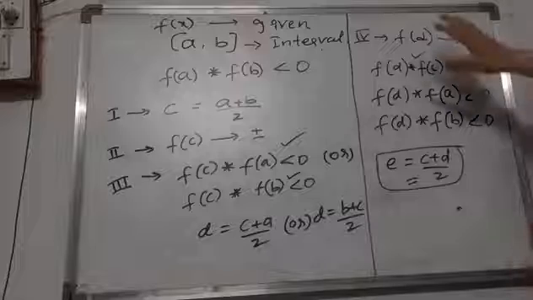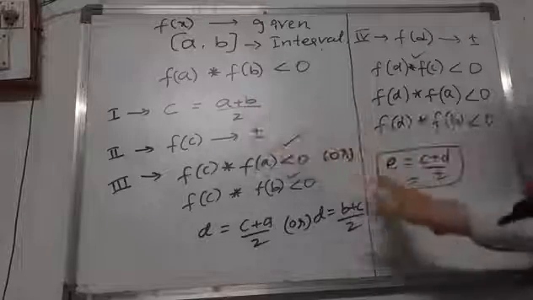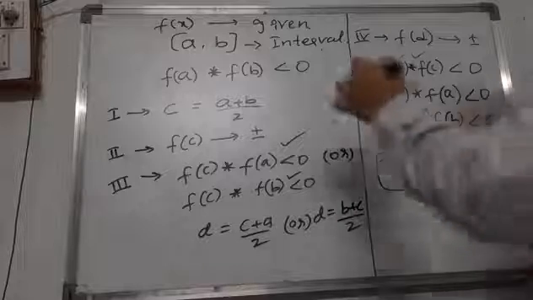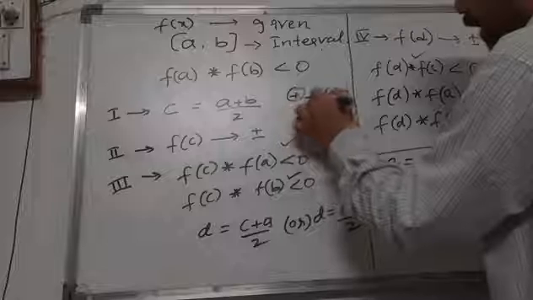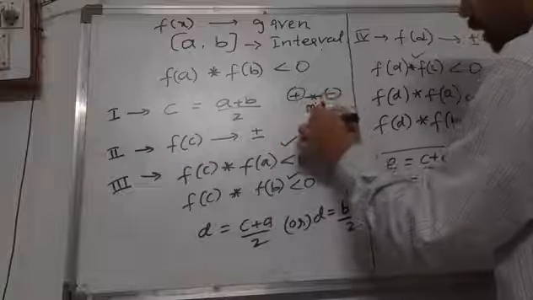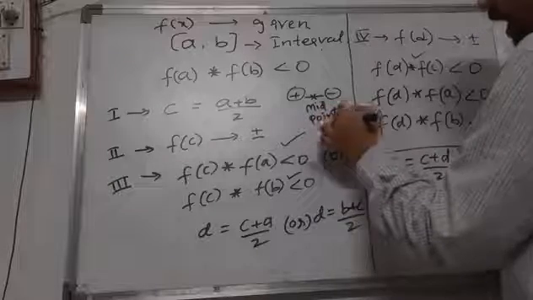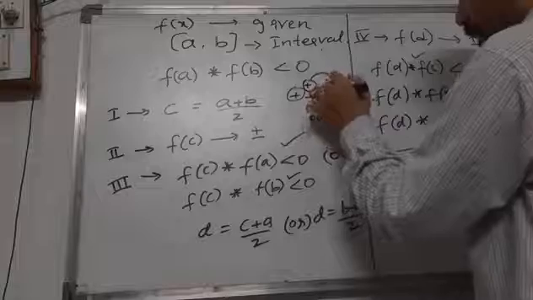Like this we go on taking the midpoint between a positive value and a negative value. If this midpoint is positive, then it should be multiplied with the negative value.